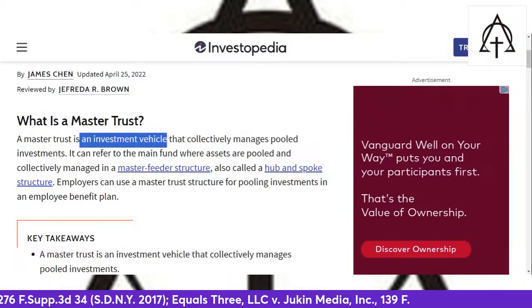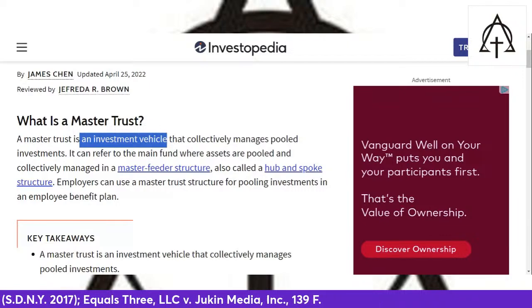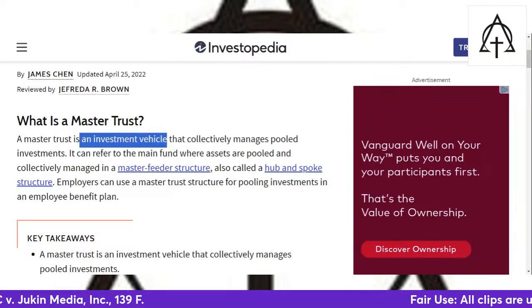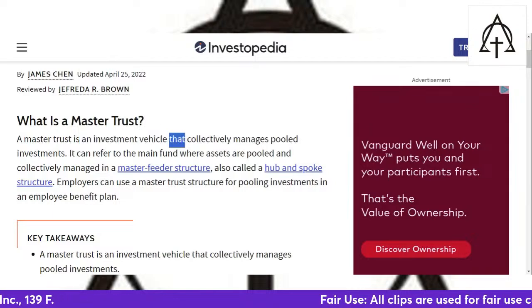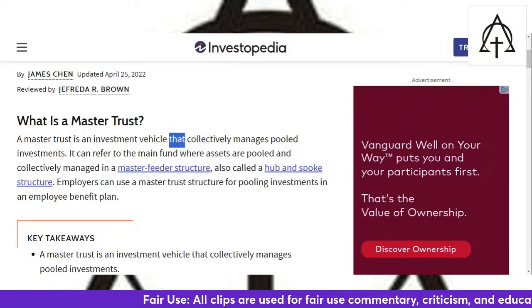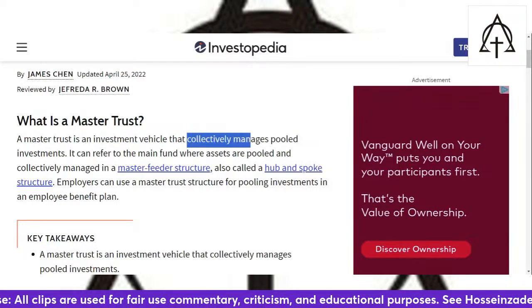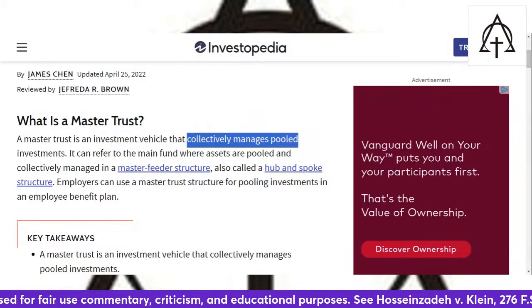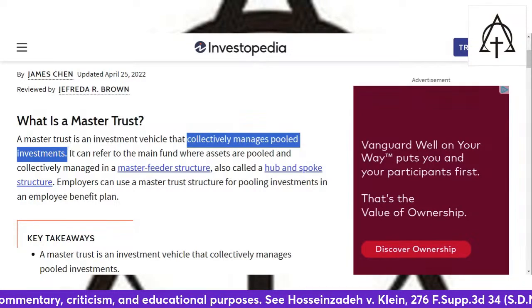And when we find out that it's tied to the general ledger, we find out the general ledger itself is an investment vehicle. Now, general ledger is the United States corporate entity for the United States of America, the chartering agent. And that collectively manages pooled investments.